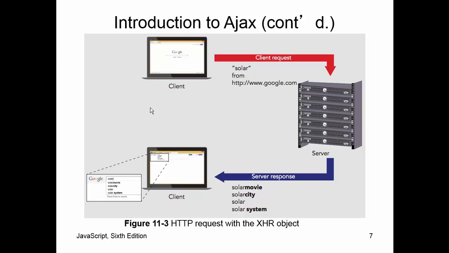In the second example, the one you see on your screen right now, it illustrates the process that Google uses when a user types solar into Google Suggest. Rather than requesting an entire web page, the XMLHttpRequest object requests only the recommended search items for solar.